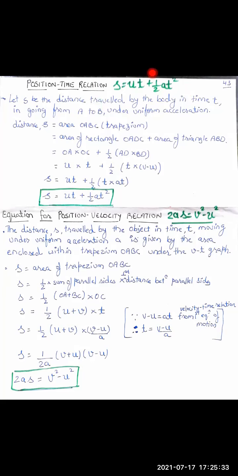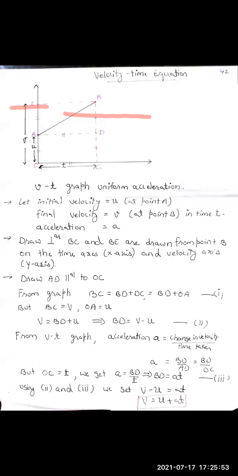Now children, we know that for the velocity time graph, if we find the area under the graph, we get distance. So we are using the same concept, that is distance equals area under the graph. If you look at the graph, beta, the graph line is AB, and under that we have this area.